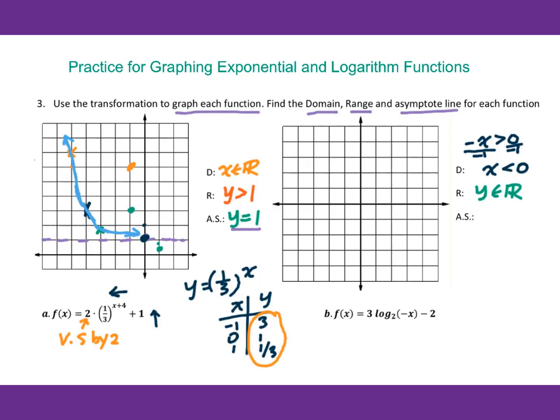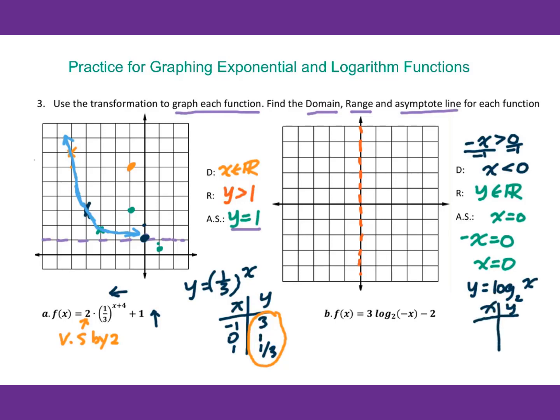Your asymptote line, we just make the argument equal to 0. So x equals 0, that will be the y-axis. We will get a parallel function, y equals log base 2 of x.